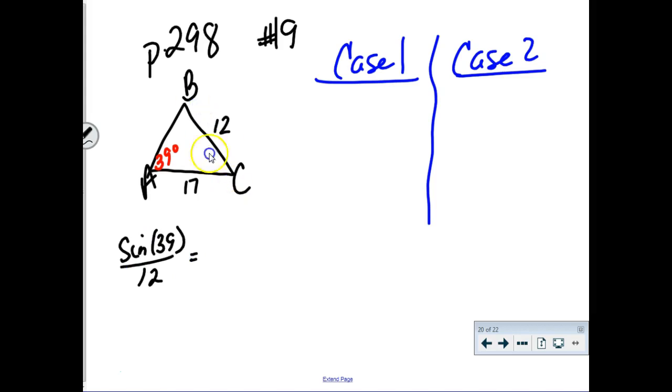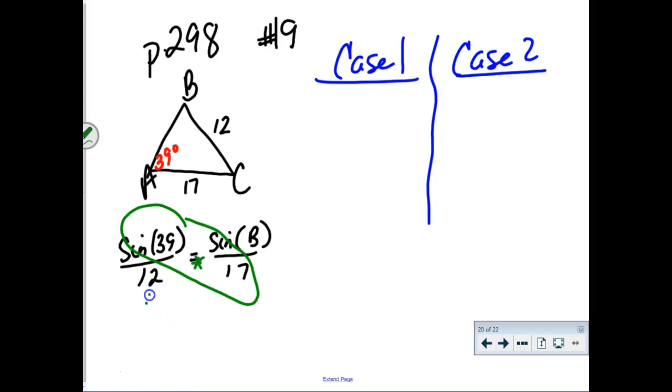And then the only other clue you have is angle B. So you're going to have to take the inverse sine. On your calculator, please, in degree mode, sine 39 times 17, and then divide it by 12. But remember, this is still the sine function, so at the very end you have to take the inverse sine of that little decimal. And what you're finding right now is the first option for angle B. And what do you get?